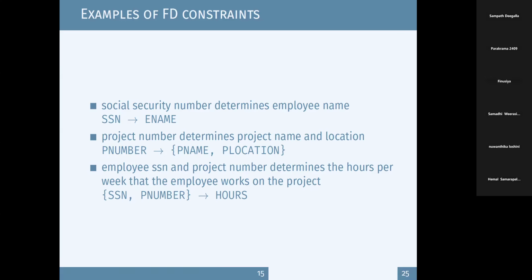Every time you match the project number, you will have the same project name and project location. Similarly, using the social security number and project number together, you can determine how many hours a particular person works for a particular project. So these are some relations and how we can represent them in mathematical notation.